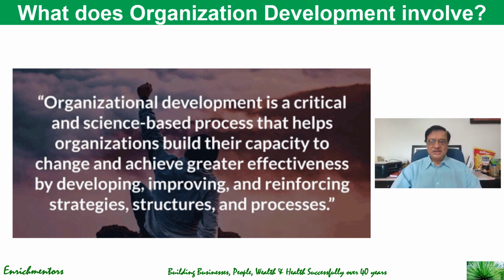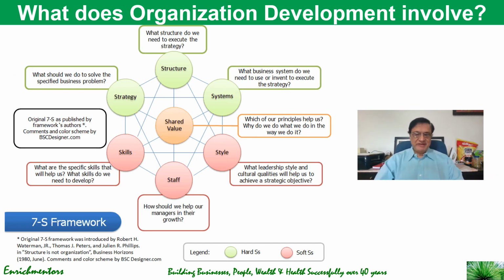So, what does organization development involve as a whole process? We get some idea that it would involve strategy, structure, and processes, and development, improvement, and reinforcing of that. What does it include? Anything else? So, I have for you the 7S framework that is extremely useful for looking at what organization development involves.